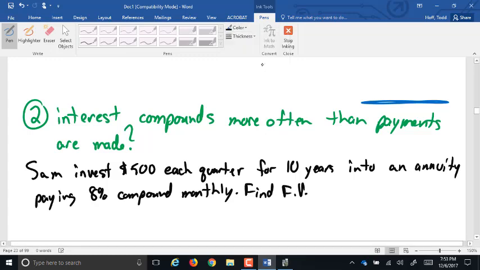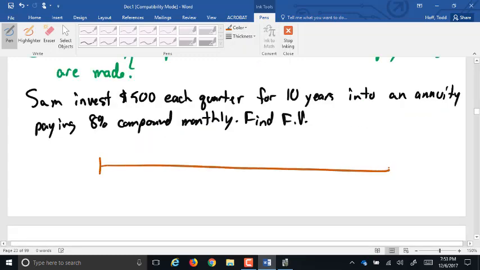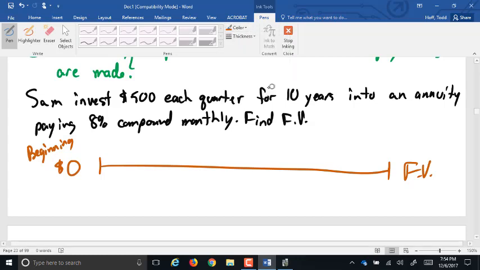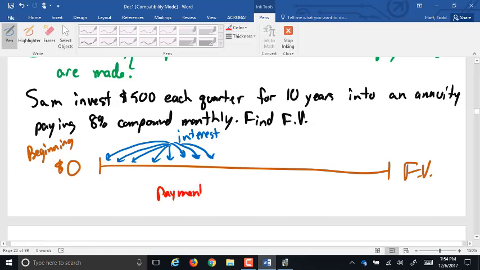Let's look at this timeline. So again, at the beginning, we still have $0. We're looking for a future value. The problem now is our interest gets calculated monthly instead of quarterly. But the payments are only coming in quarterly.